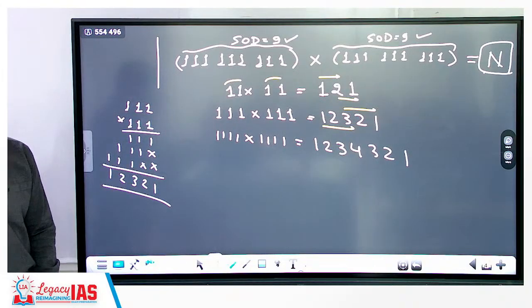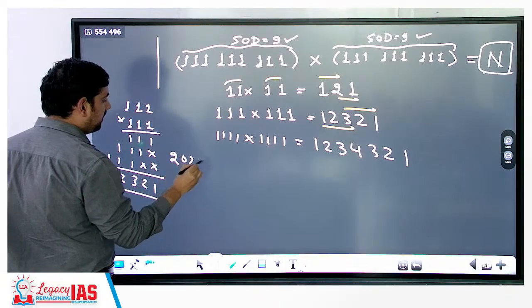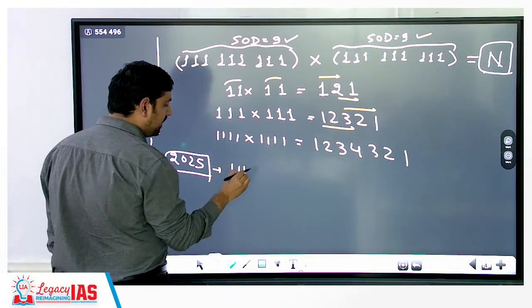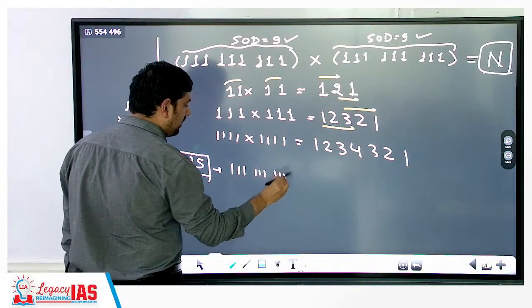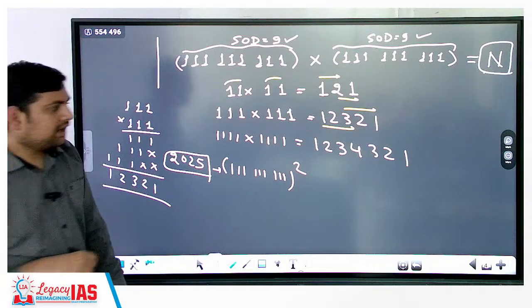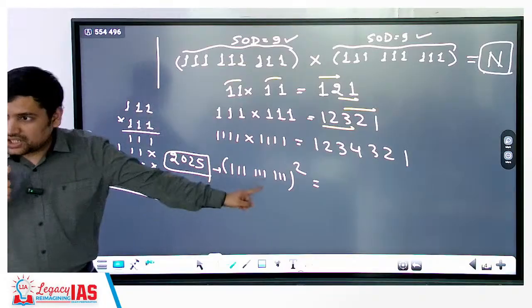Understood? Okay, so then in 2025 they asked this multiplied twice, or just simply I'm writing square. Now what will be the answer to this? It will go till 9.